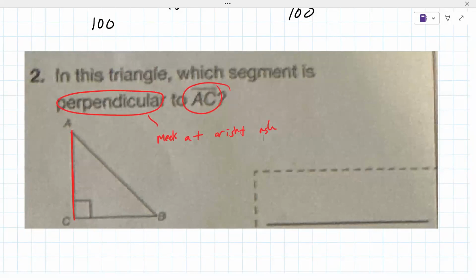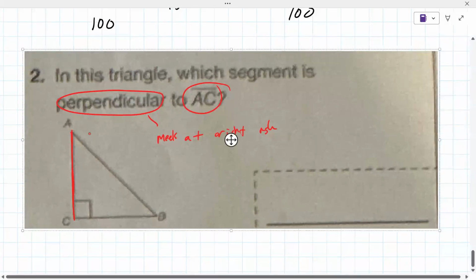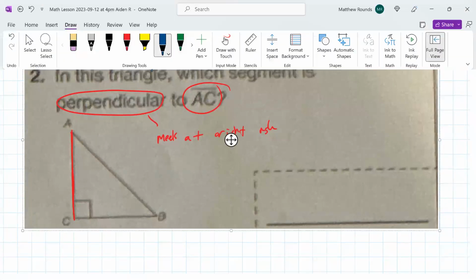So which other segment meets at a right angle? A and B. A and B though is along what's called the hypotenuse.